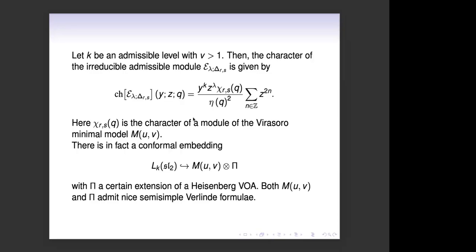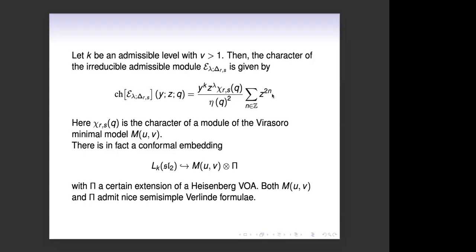They are Virasoro minimal model characters, this chi-RS, so in particular something that corresponds to a nice finite vector valued modular form divided by the Dedekind eta squared, that is nice and modular, but then multiplied by a sum like this. And this sum only converges in a distributional sense. So you should think about it that the weight module characters are distributions.